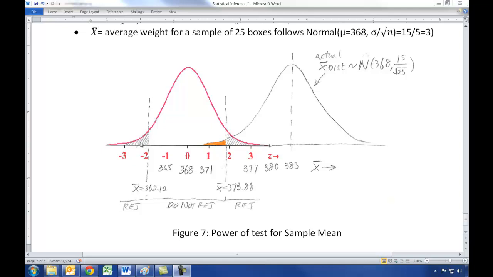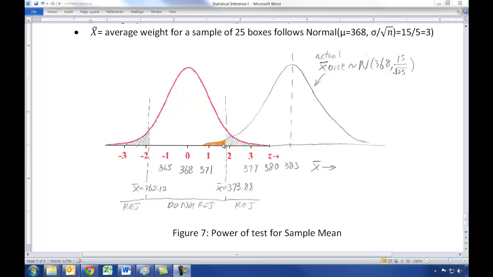So firstly, we set the level of significance as alpha, by which we determine the do not reject regions and the reject regions. But in this case, this distribution is no longer the distribution of x, it's the distribution of x bar. Again, x bar is the sample mean, which is a new random variable with the same mean but a much smaller standard deviation.